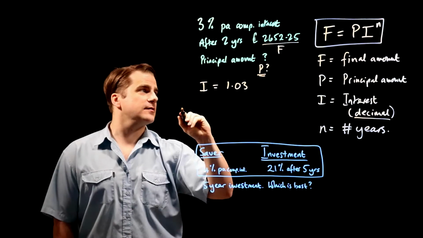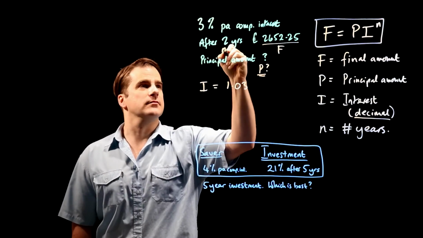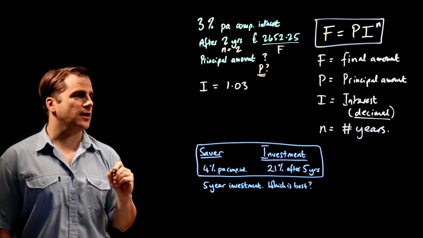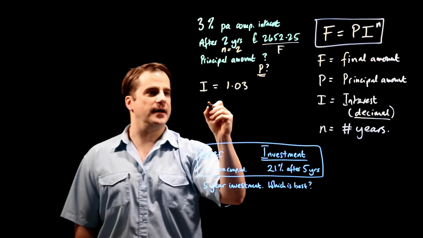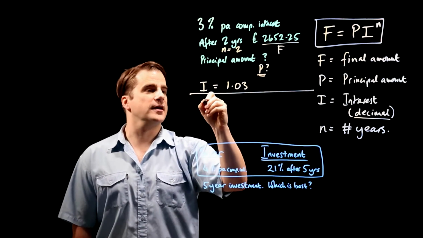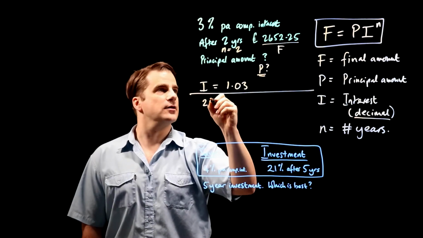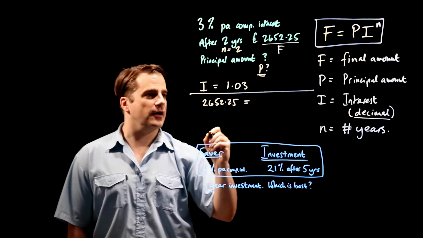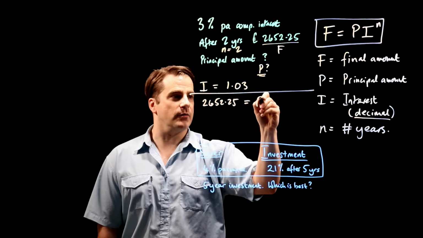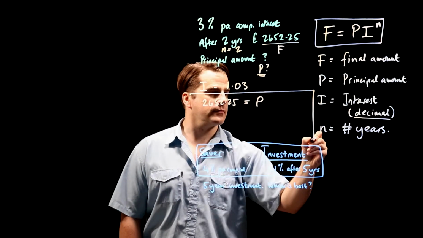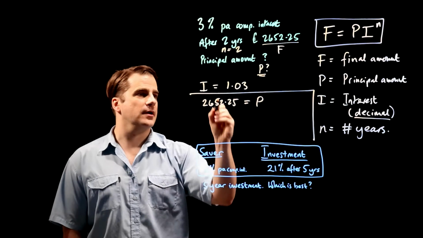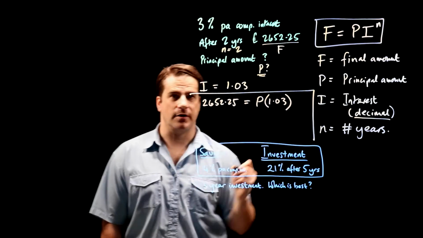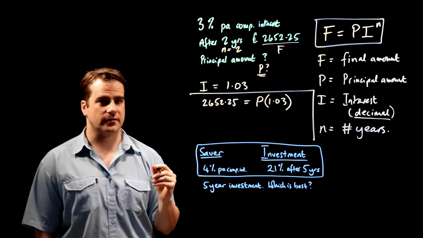Right, so stick that into the formula, rearrange it to get big P. So, 2 years, so N is 2. F equals PIN. So final amount, F, that's 2652.25. F equals P, the thing we want, so we leave it as P. I is 1.03, 3% expressed as a decimal.